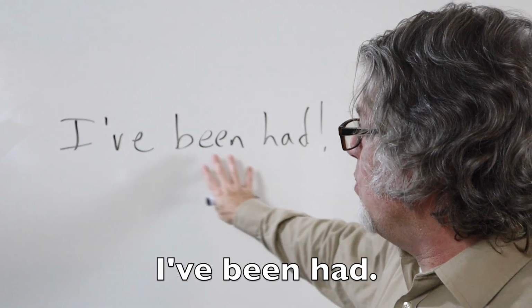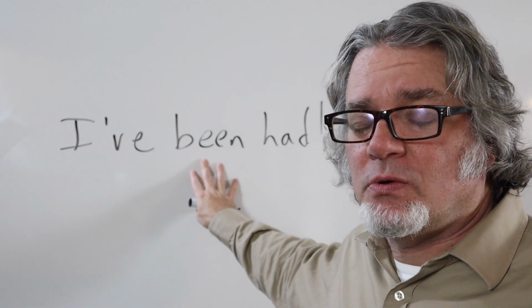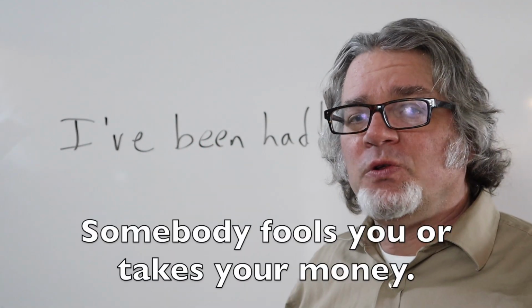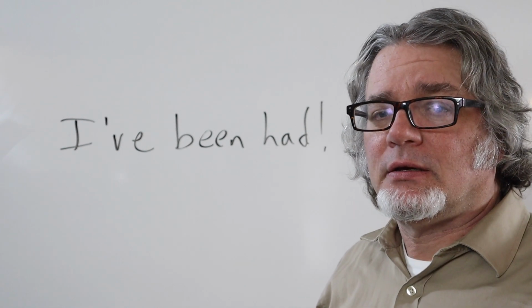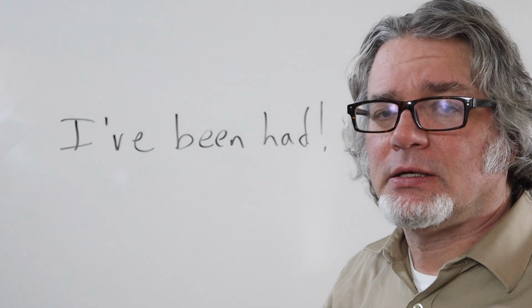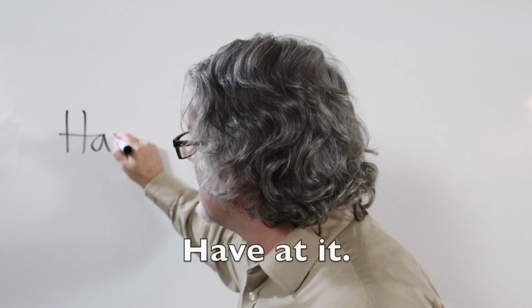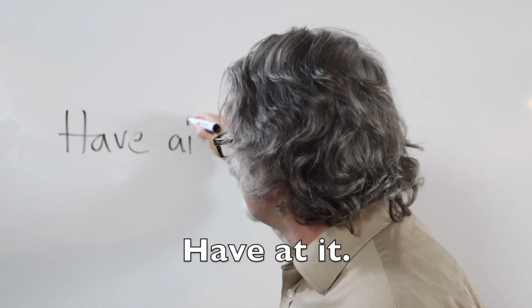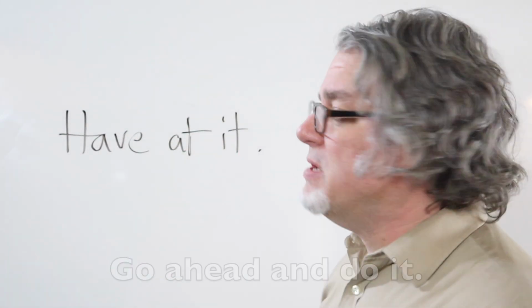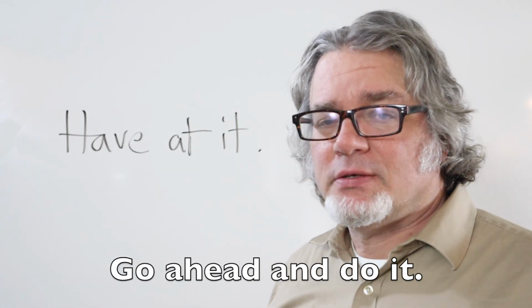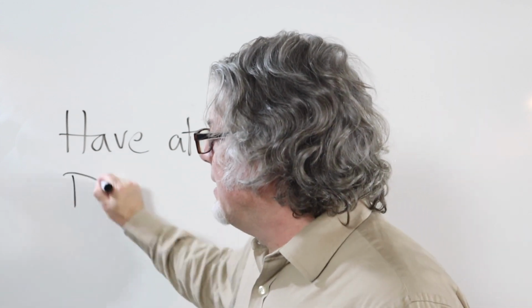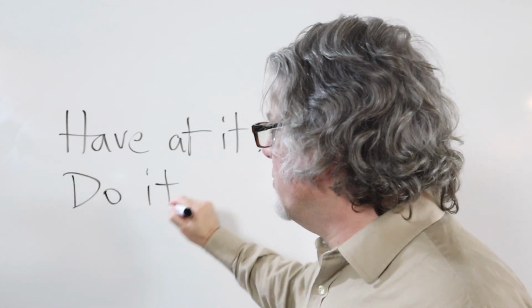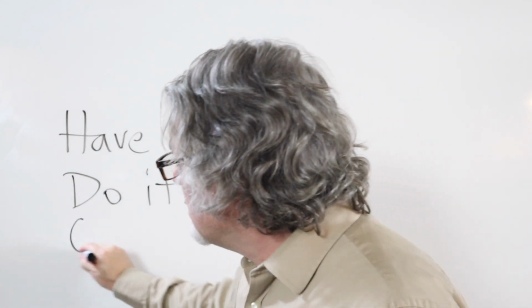Use this when somebody cheats you, somebody fools you, or takes your money. I've been had. If someone says, have at it, this means go ahead and do it. Have at it. Same thing as do it or go for it.